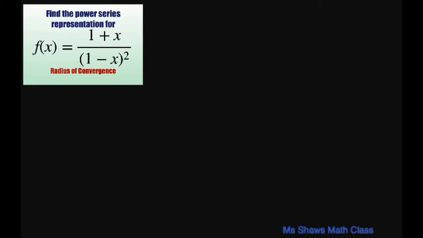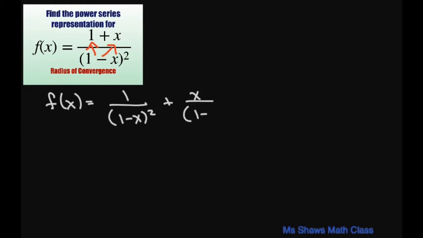So all I'm going to do is take this and write f of x equals, and split this up. I'm going to divide each of these terms by (1 minus x) squared. All right, we already know what this is. We already got that earlier, so that's going to equal the sum from n equals 0 to infinity of n plus 1 times x to the power of n.